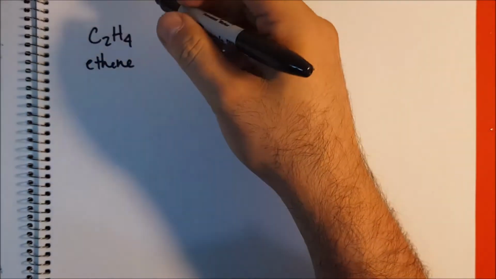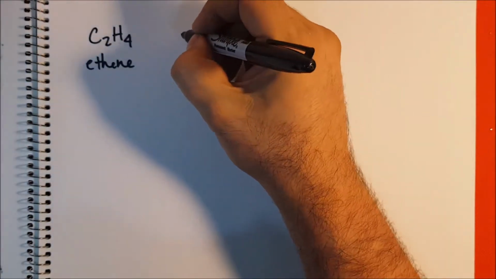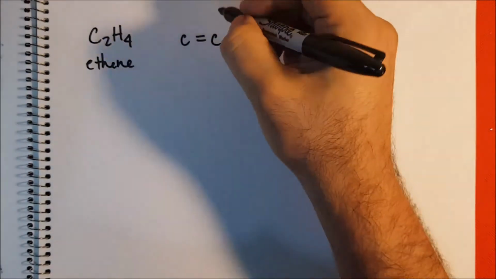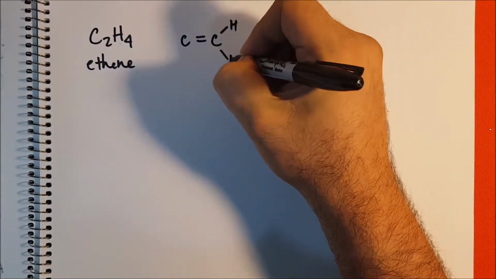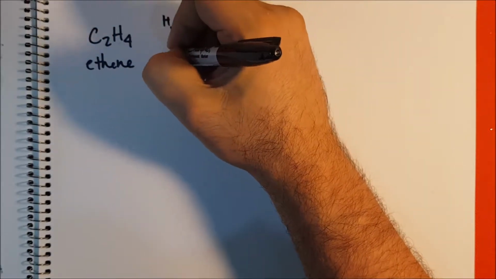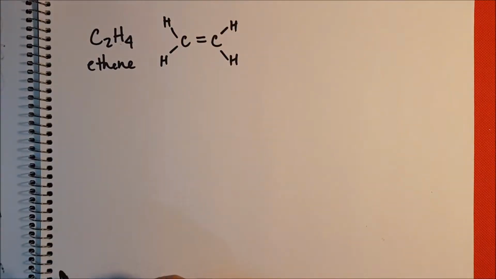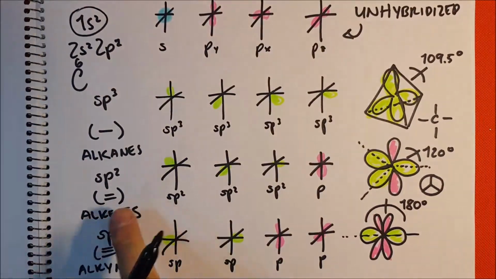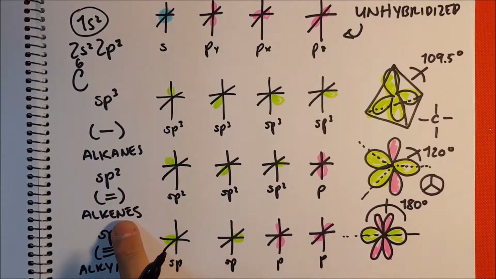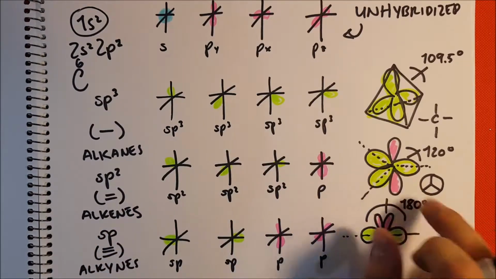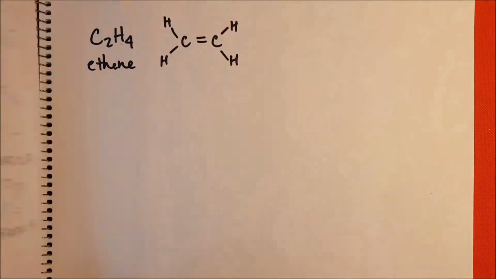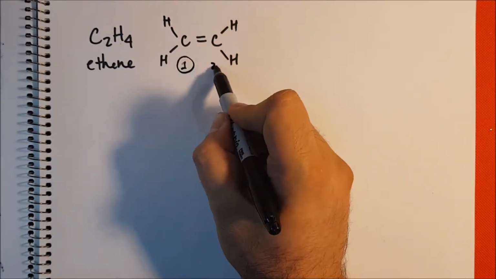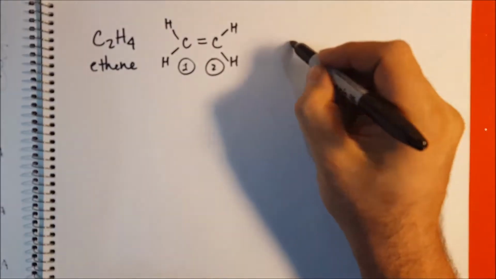So we're going to draw its expanded structural formula, double bonding C, and then we have hydrogen accompanying that carbon on each side. And since we know from this page that sp2 hybrids are characteristic of alkenes, we're going to draw this to represent each carbon. So this carbon, carbon number 1, carbon number 2, we're going to draw it.